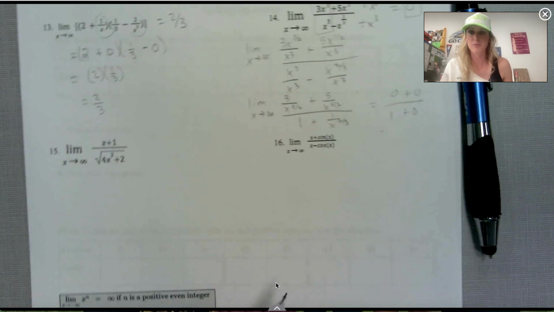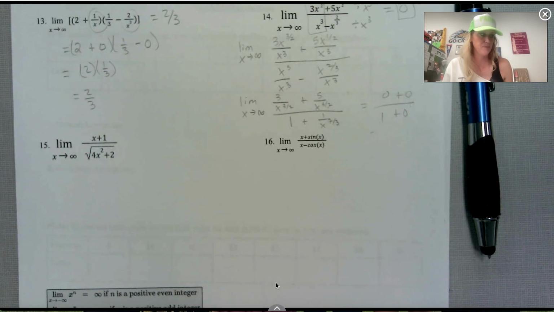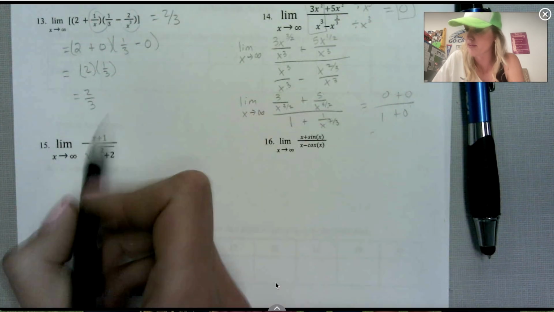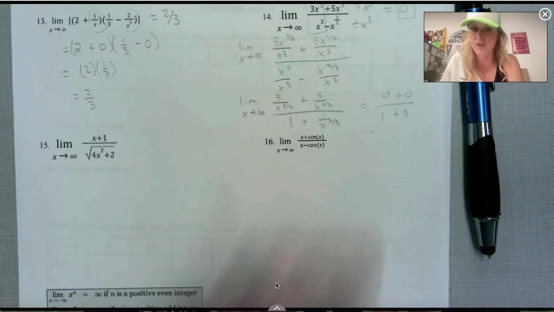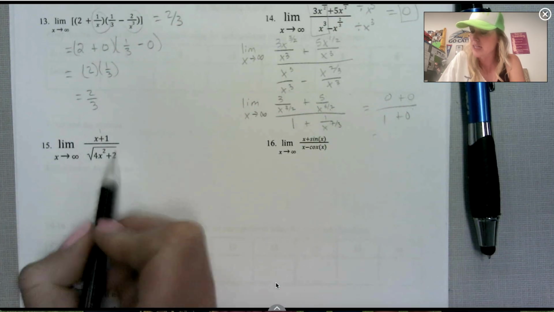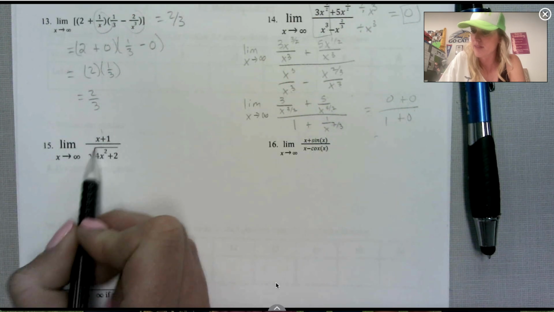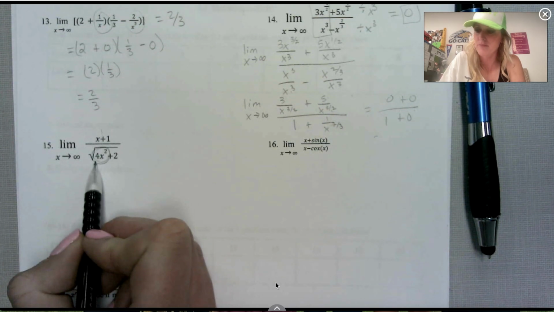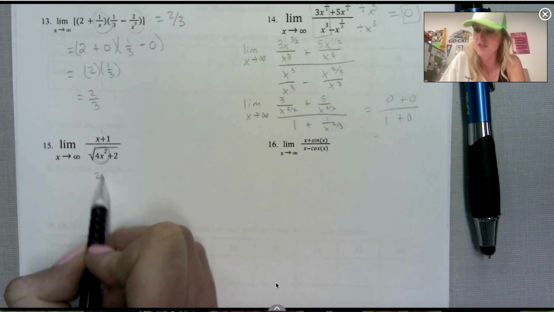Okay, last 2 examples. Thanks for hanging with me. Number 15. Okay, when we have a radical, I'm also going to reduce this one. Actually, I'm going to rewrite this, you guys. So again, I'm comparing the largest powers. This leading power right here, the square root of that is going to be 2x.